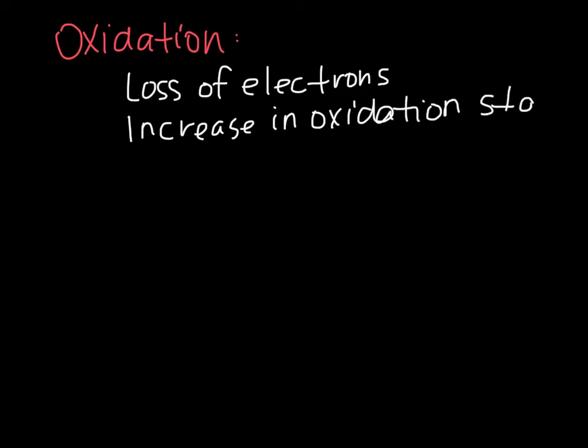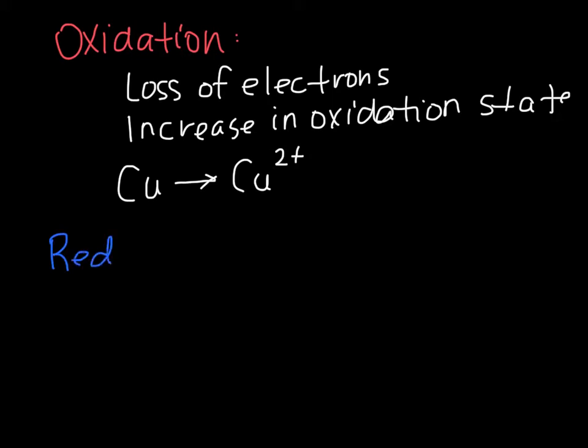An example of this would be copper going to Cu2+. In this case, copper has given up 2 electrons to become 2 positive, and its oxidation state has gone from essentially 0 to +2. So that's an increase in the oxidation state.